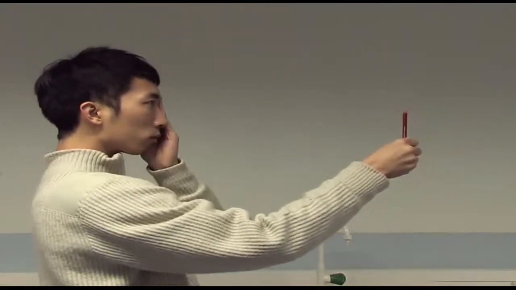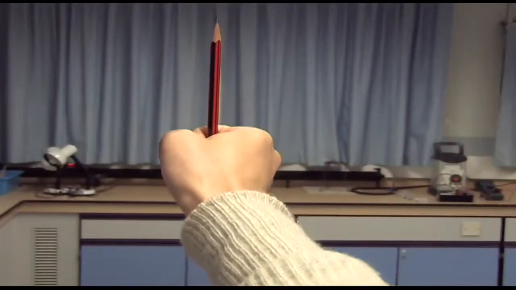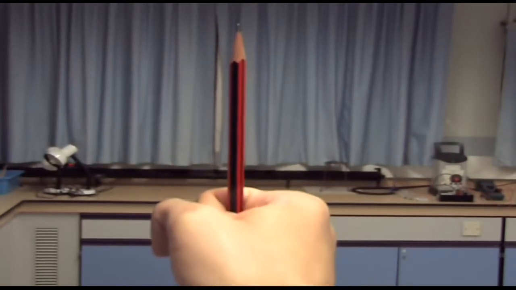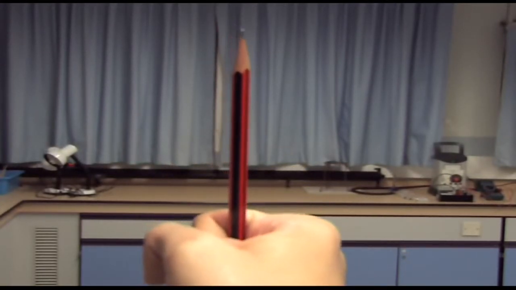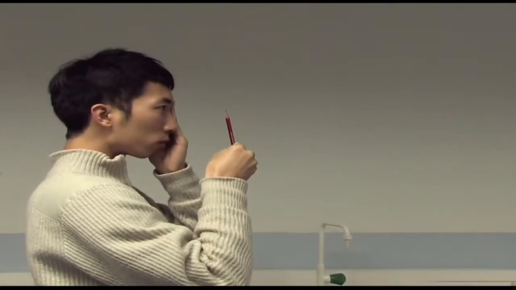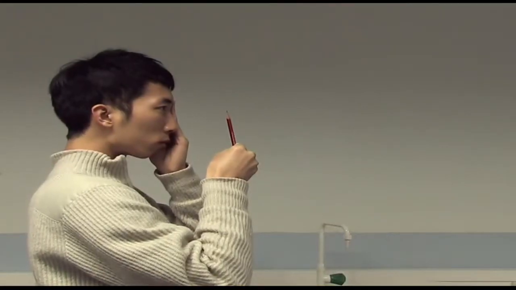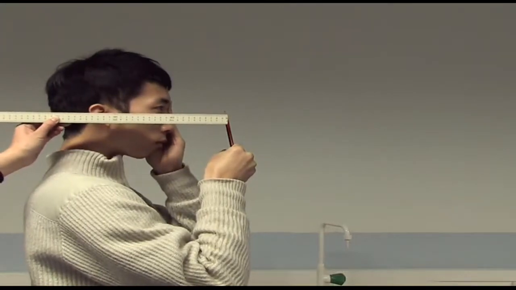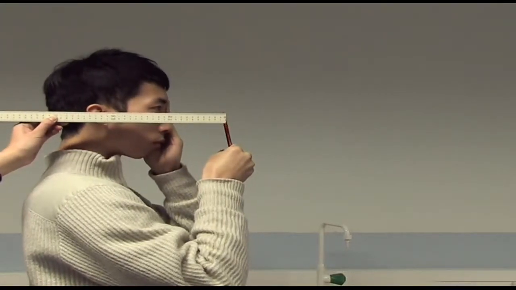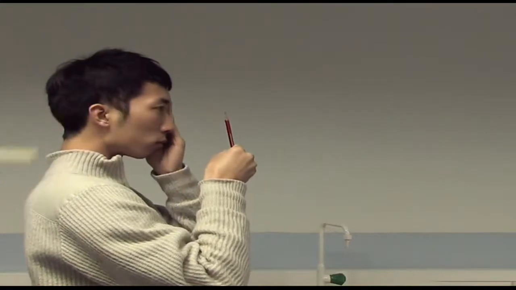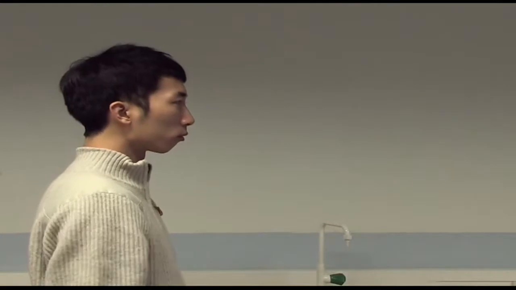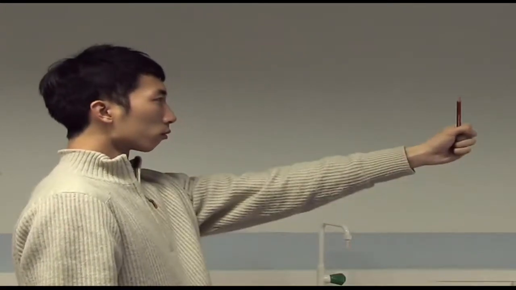Now, move the pencil closer towards you until the pencil becomes blurred. This is the near point of your right eye. Ask your partner to measure the distance between the tip of the pencil and your eye. You may repeat the above steps for your left eye.